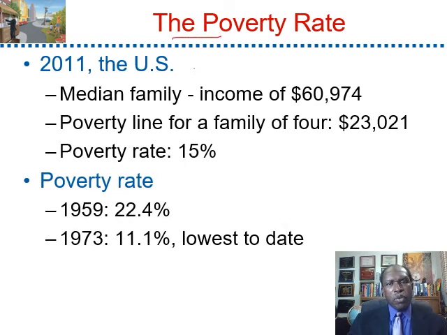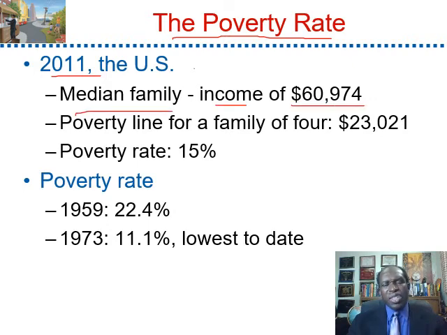From figure number two, we can measure the poverty rate. For instance, in the US in 2011, the median family income was $60,974. The poverty line for a family of four was $23,021. If a family is making about $23,021, it will be considered a poor family in the US.